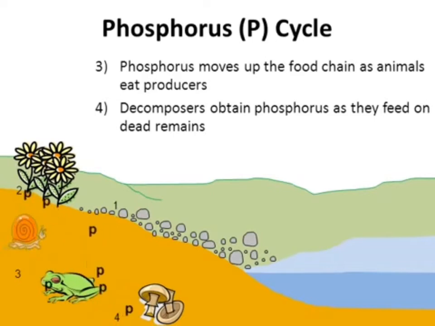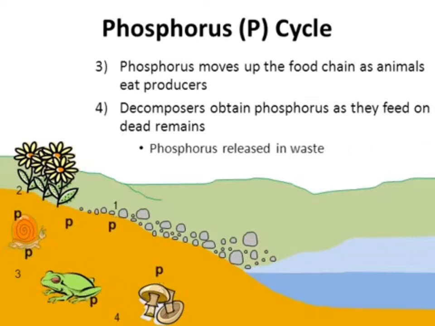And then we come to the area representing the mushroom. Decomposers obtain phosphorus as they feed on the dead remains. In the animation, there's phosphorus coming from the flowers, phosphorus coming from the snail, and also phosphorus coming from the frog, and we are going to the mushroom representing the decomposers.